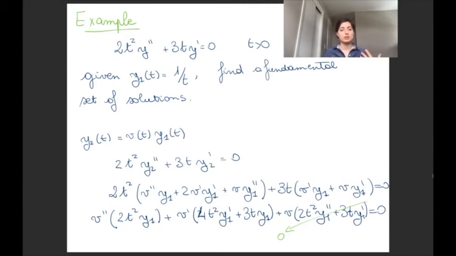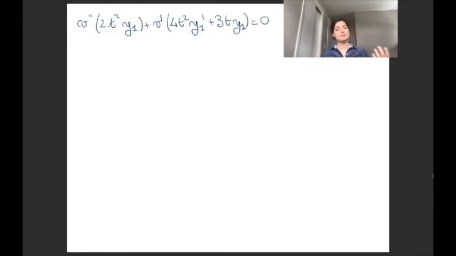So now we have an ODE that depends only on v second and v prime, with y1 appearing everywhere. So we have v second multiplied by 2t squared y1 plus v prime multiplied by 4t squared y1 prime plus 3t y1. All of this equal to 0.